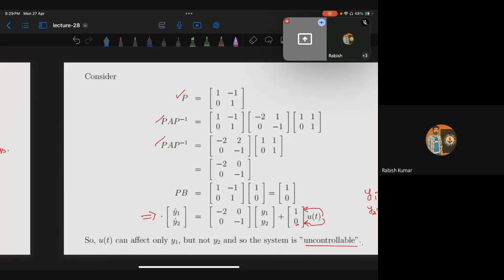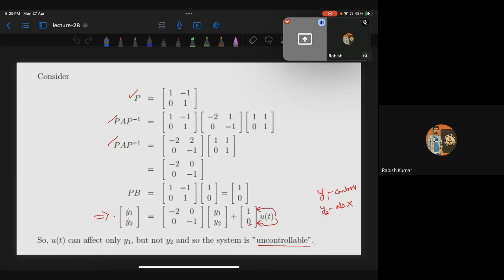Now let us say you take some matrix P where P inverse exists, and do the calculations for the same matrices A and B. So this is our A matrix from the previous example, and this is what we got. Now you can see what happened.